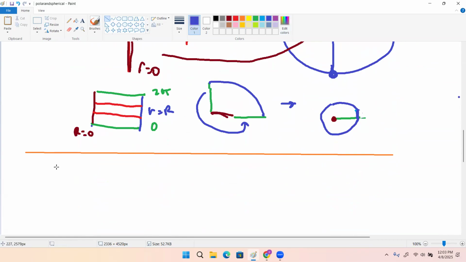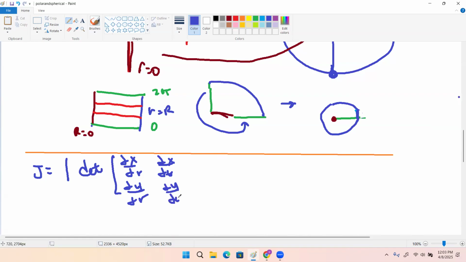Now, I should mention something about where the r is actually calculated from. You'll learn in advanced courses, it's going to be the absolute value of the determinant of the Jacobian transformation matrix. And you'll learn about that later. It has to be absolute value.